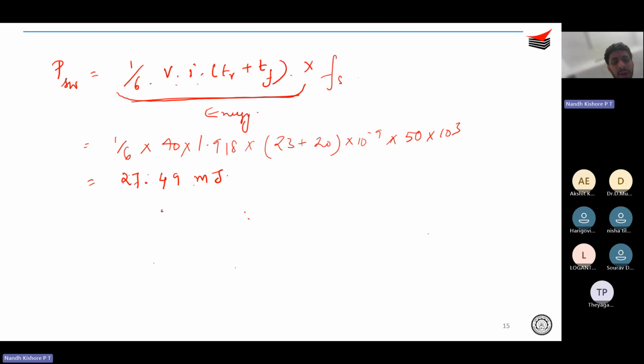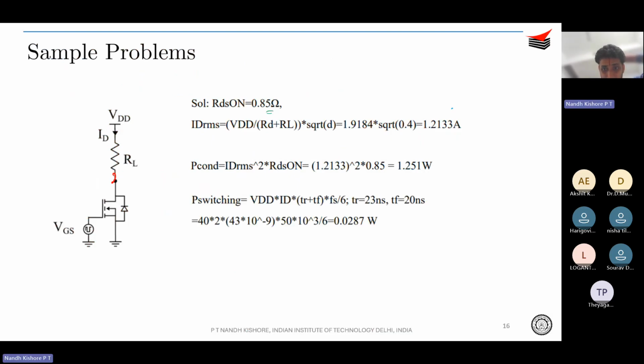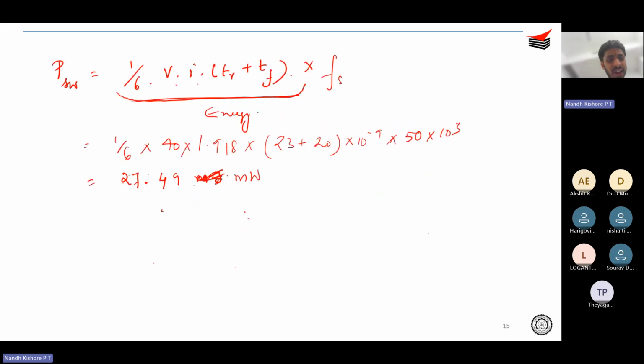So this multiplied by your switching frequency will give you, I'm sorry, this turns out to be 27.49 milliwatts roughly. So this plus conduction loss will give you the total loss. Conduction loss was 1.251, and your TR and TF were 20 nanoseconds, so it is computed to be 0.0287 watt. We computed it as almost the same, 27.49 milliwatts.